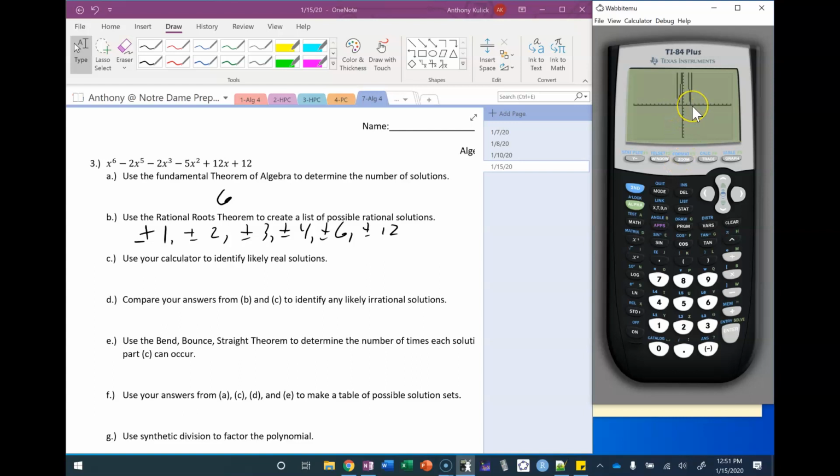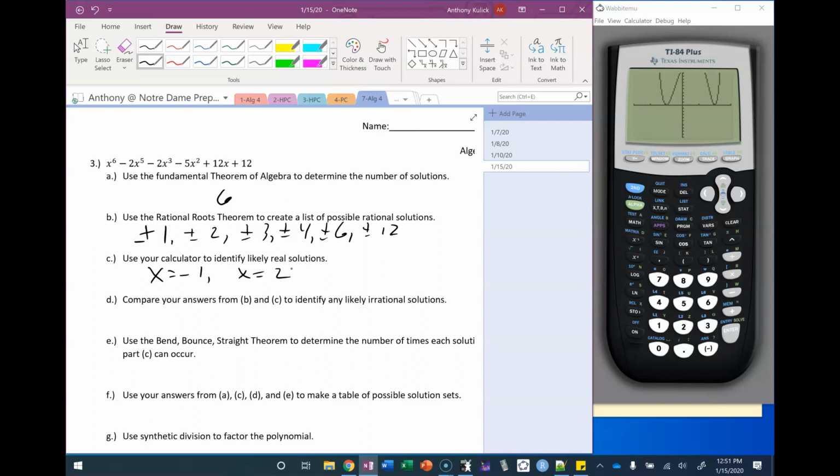This one looks like at negative 2 or negative 1, and that one looks like at positive 2. So maybe I'll just go from negative 3 to positive 3. Okay. So I'm now confirmed that what I thought I saw is what was really going on.